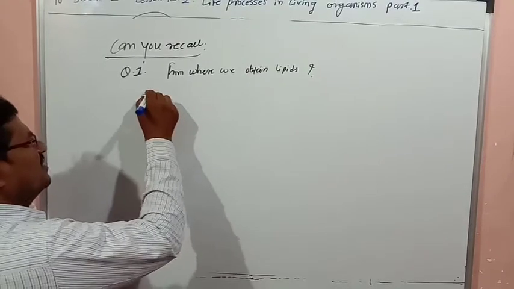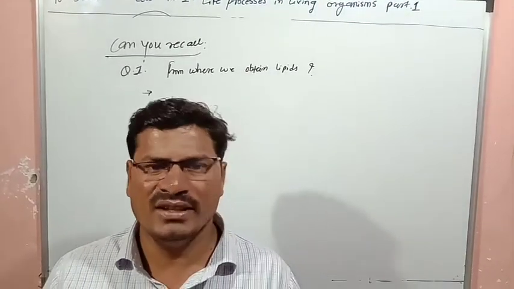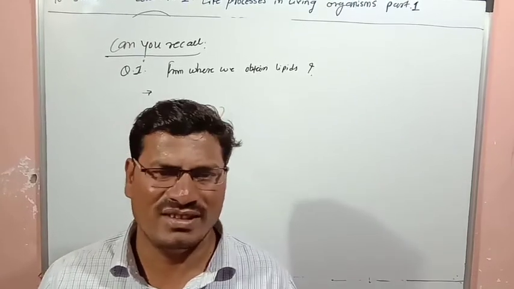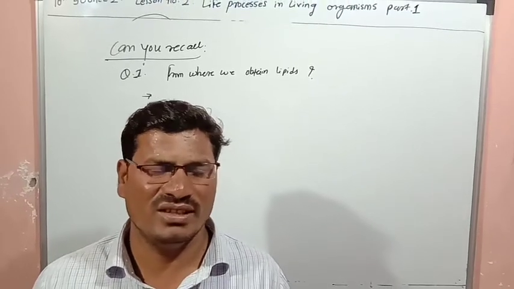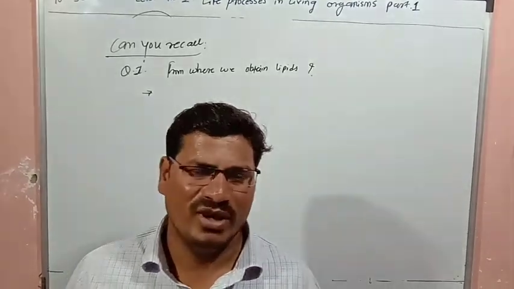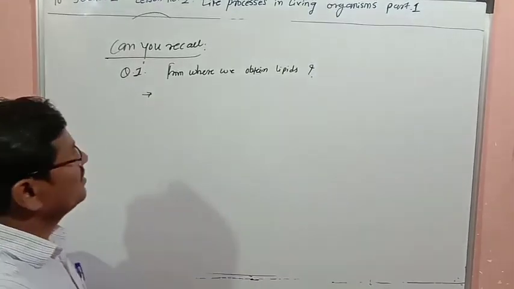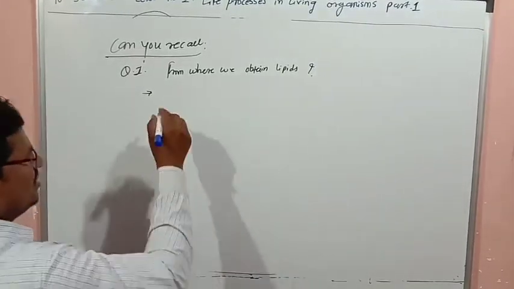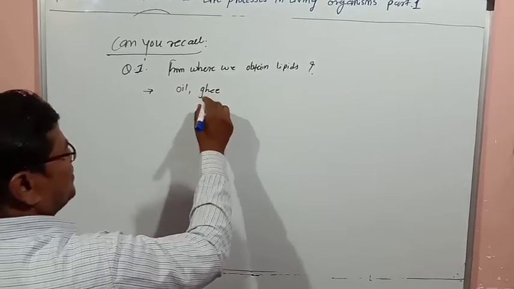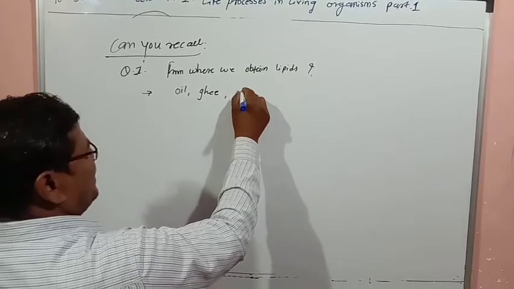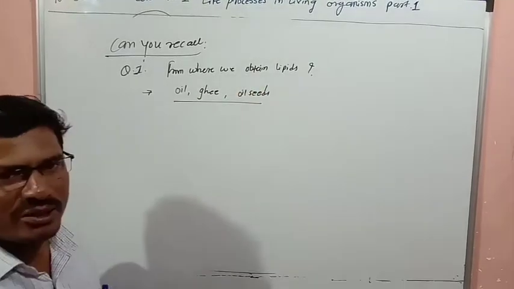The answer is that you are eating many oily foods: oil, ghee, oil seeds, fats. All these are the sources of lipids. Oils, ghee, oil seeds, fats are the sources of lipids.